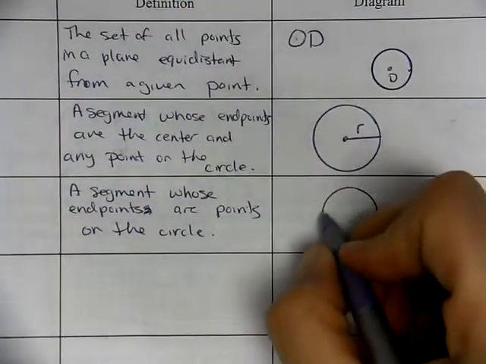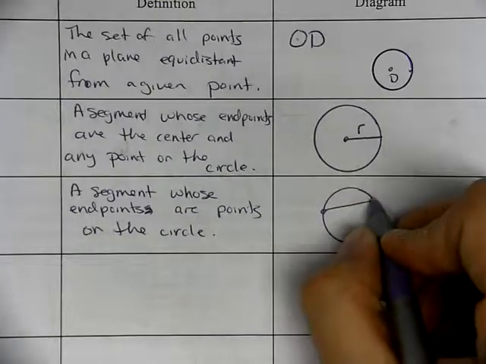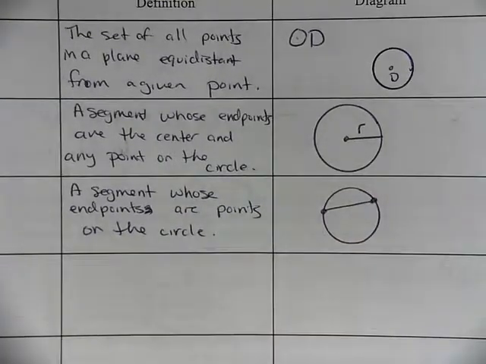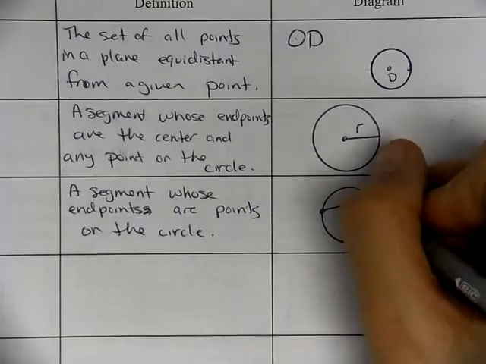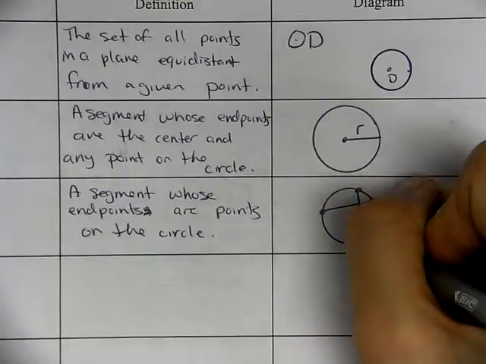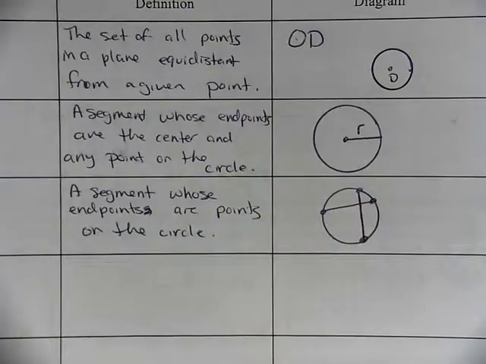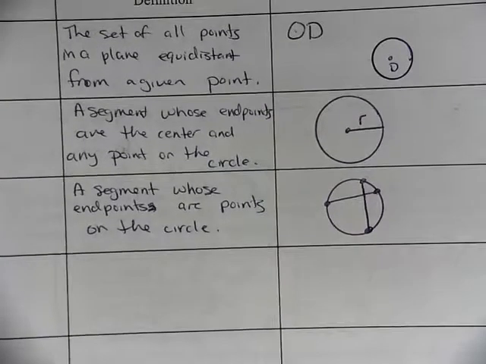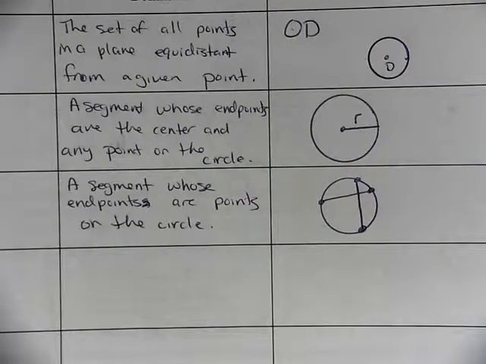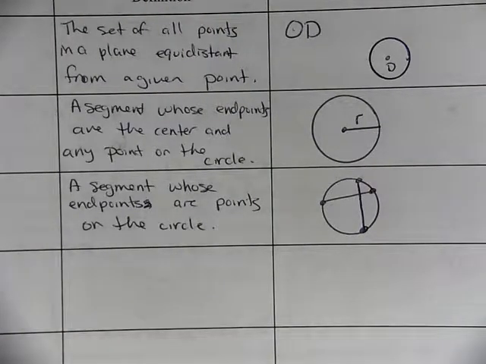So it's any segment in the circle. It just kind of goes within the circle. We're going to talk about chords more in this section of the notes, like today and Wednesday and Friday.